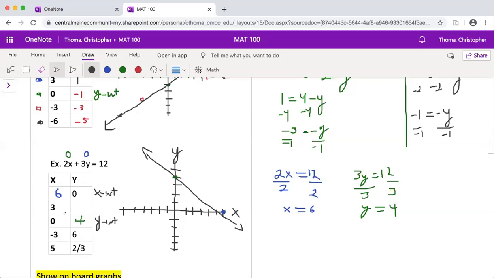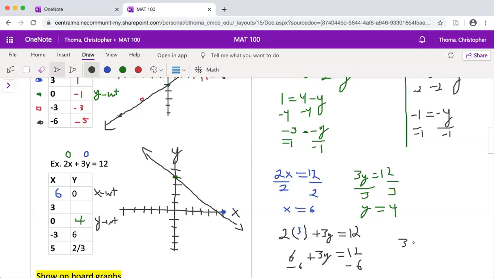So if x is 3, so we get 2 times 3 plus 3y equals 12. 2 times 3 is 6, plus 3y is 12. Subtract 6 from both sides.